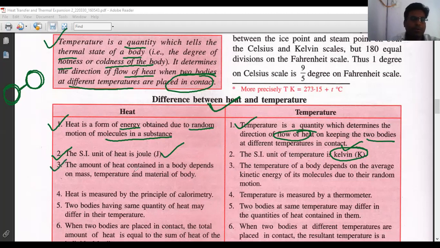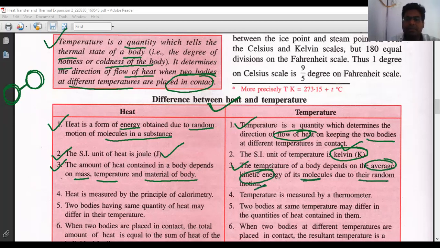So you can see the difference in the unit, right? Next, the amount of heat contained in a body depends on the mass, temperature, and material of the body. But on the other hand, the temperature of the body depends on the average kinetic energy of the molecules due to their random motion.